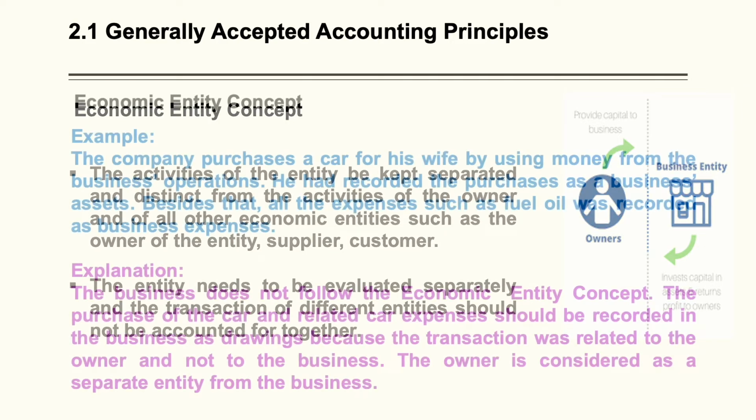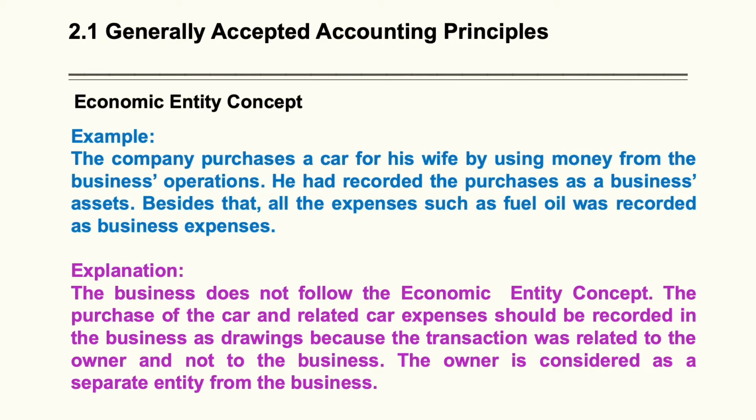The owner purchased a car for his wife by using money from the business operation. He recorded the purchase as a business asset. Besides that, the expenses such as fuel and oil were recorded as business expenses. Can we do that? Let me tell you. Based on this economic entity concept, the business is not supposed to record it as an asset.